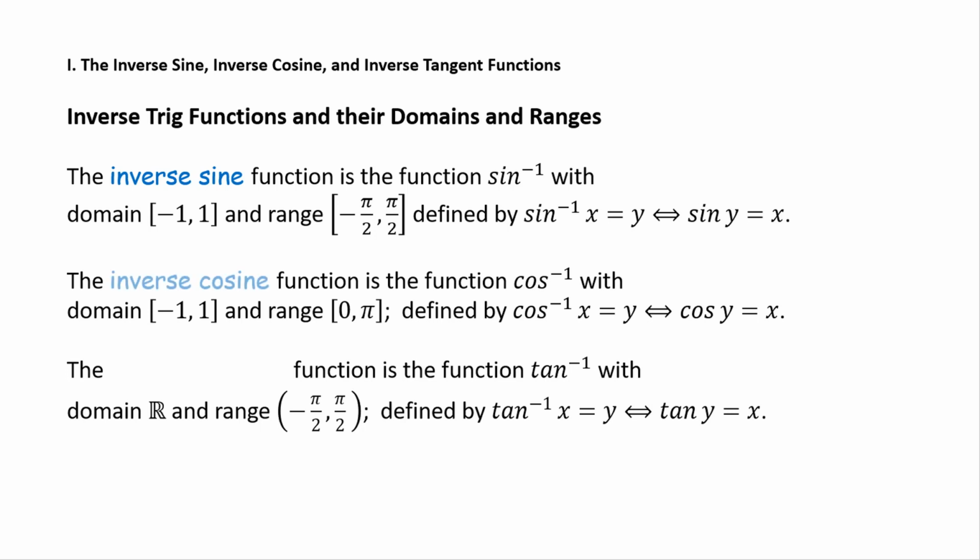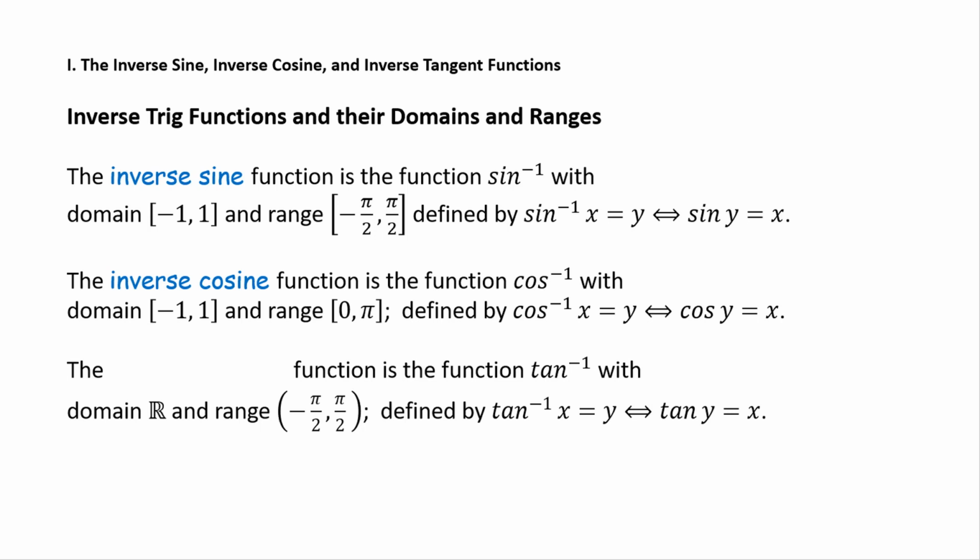The inverse cosine function is the function written cosine superscript -1, read cosine inverse, with domain -1 to +1, endpoints included, and range 0 to pi, endpoints included, defined by cosine inverse of x equals y if and only if cosine of y equals x.